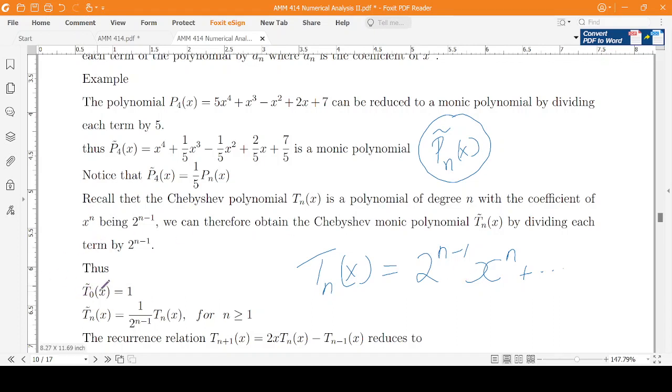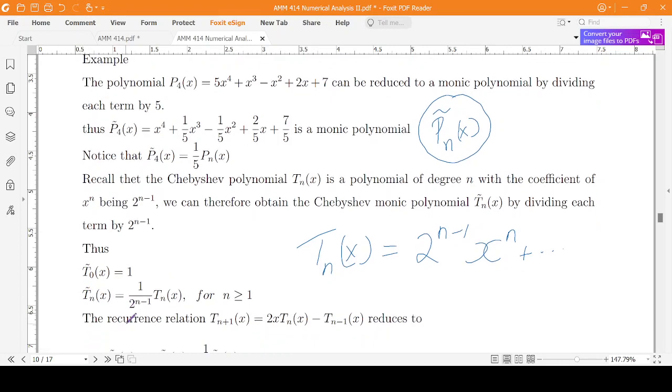So when we do that, T naught was equals to 1. So that one is just equivalent to the corresponding monic polynomial. But for n greater than or equals to 1, we can write 1 divided by 2 raised to power n minus 1, Tn of x, to generate the Chebyshev monic polynomial.